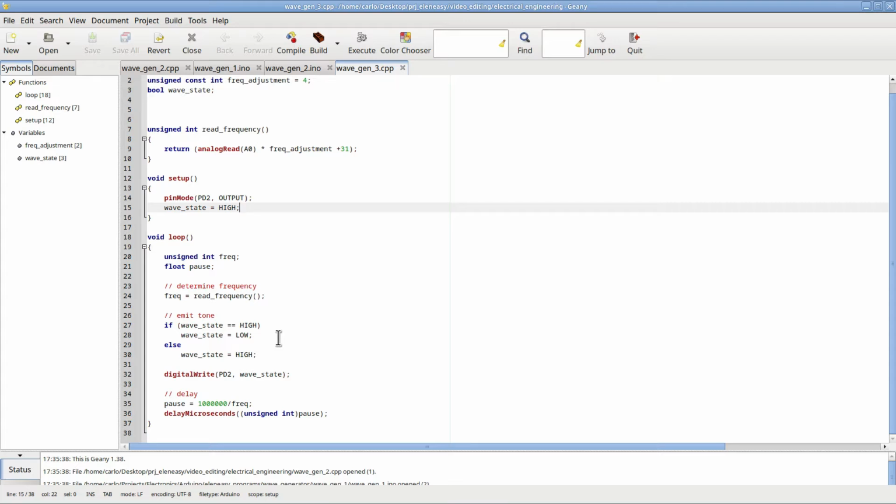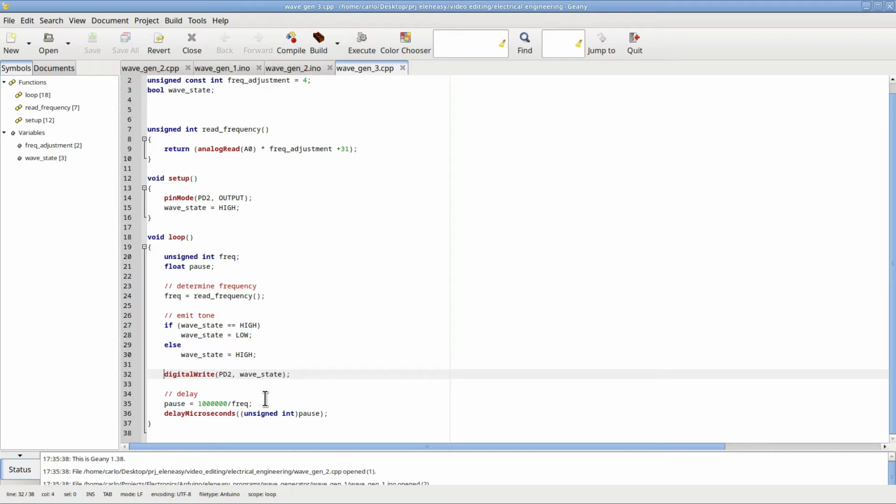So in the main loop, we read the frequency value like we did before, then we determine the next level the square wave is supposed to have. If it was a high, it has to be now a low, and vice versa. Once we determine the level, we output it through the call to digital write, passing the pin number and the actual level, here called wave state.